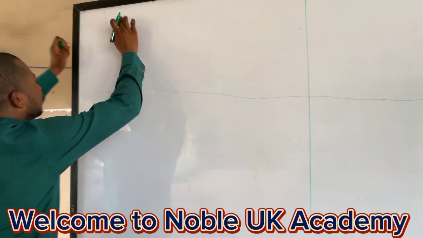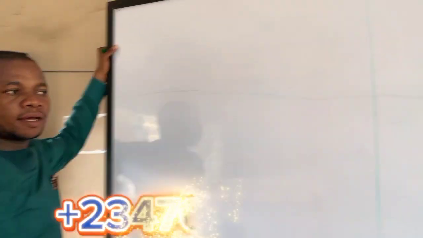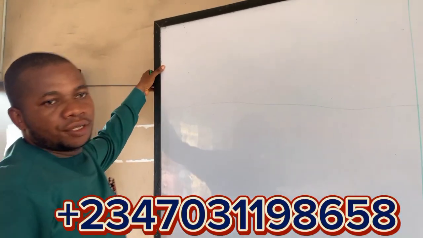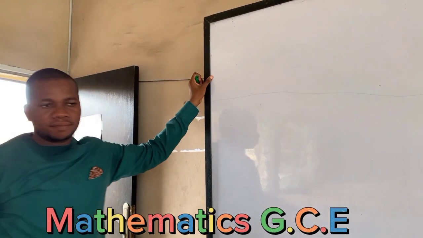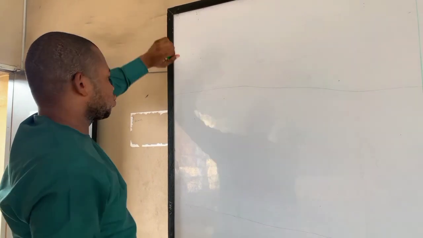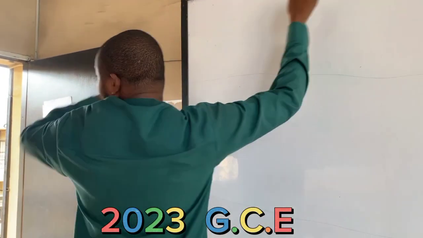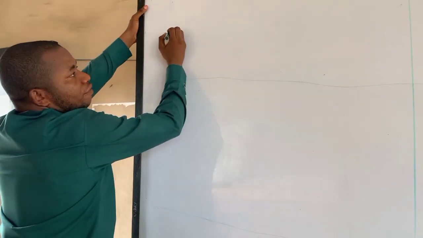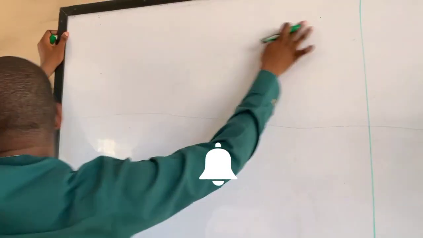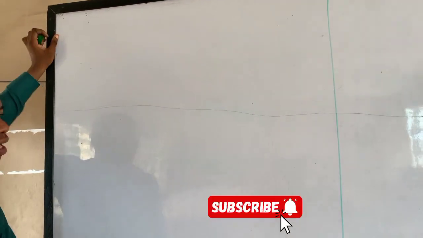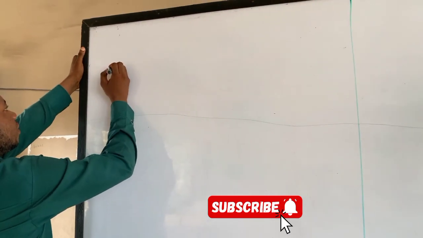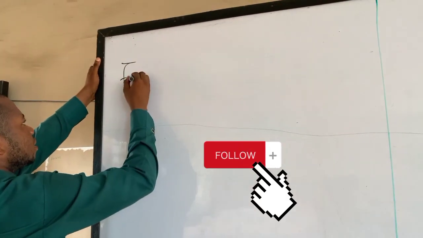Alright, we want to look at the second question under G.C.E Mathematics paper for 2023. Now, you have this question as one of the questions that was asked. Factorize.